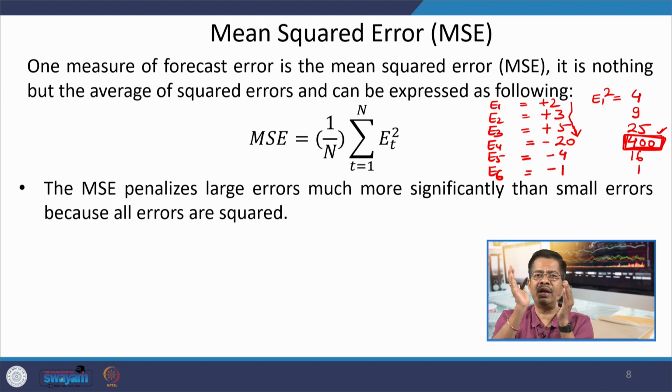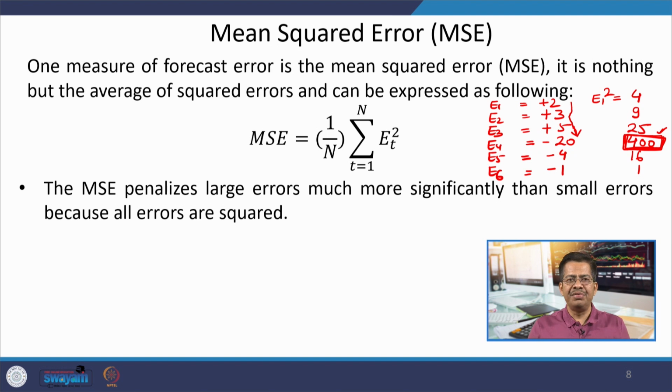So, for better clarity and visibility, so that outliers can be clearly identified, square terms have double penalization, and therefore, MSE is useful in identifying large deviations in your error data.